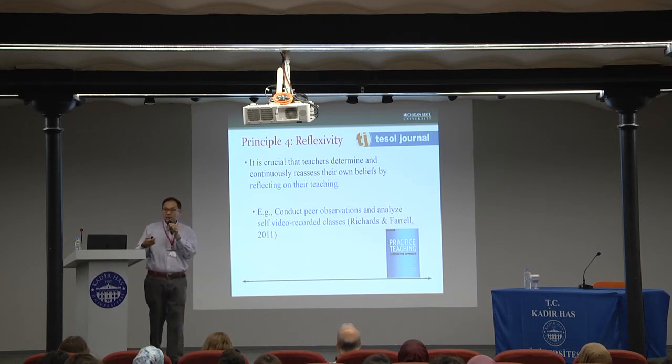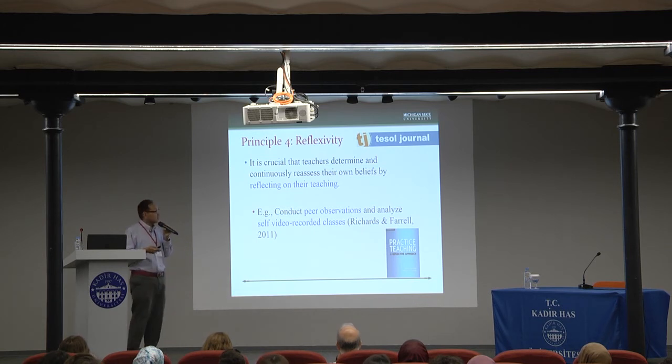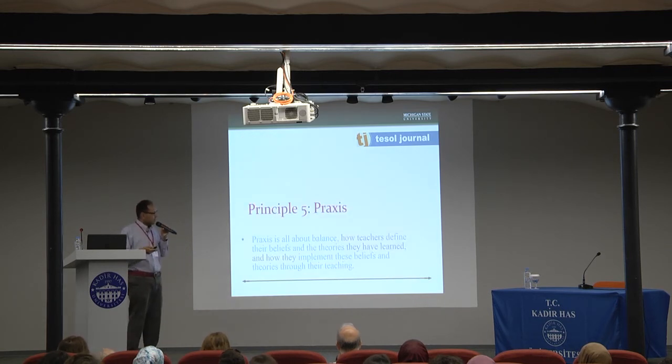In that sense, you would help develop your reflexivity. And the other thing, of course, they said is that we need to kind of think about how we can combine our understanding of theory with actual practice.